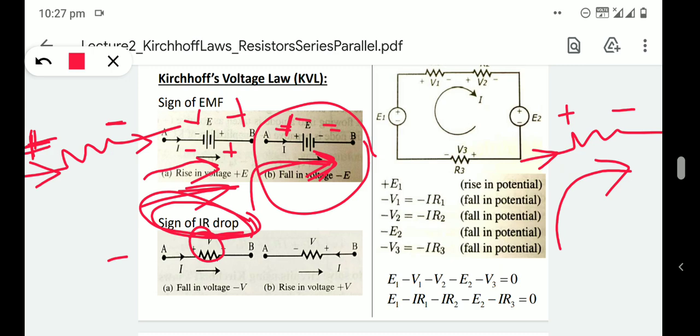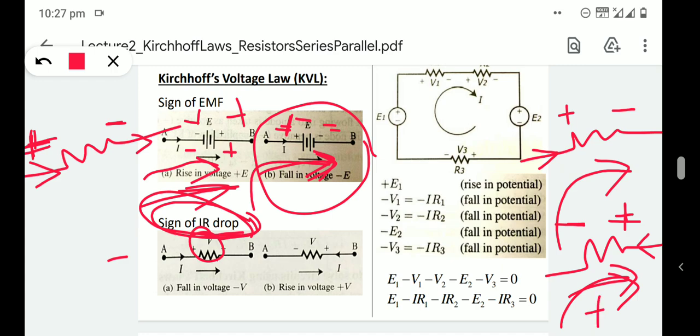Then again it is a resistance, current is flowing in this direction, so the current entering terminal will be positive and the current leaving terminal negative, and we are analyzing the circuit in this direction. So we are moving from negative terminal to positive terminal. That means there is a rise in voltage, so that voltage drop should be taken as positive. That is explained here.